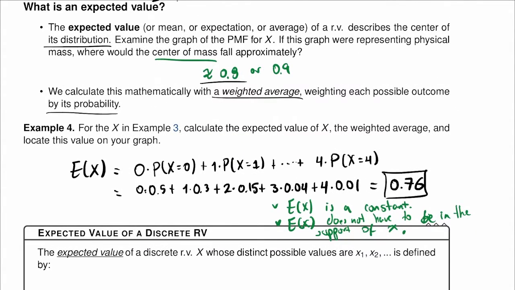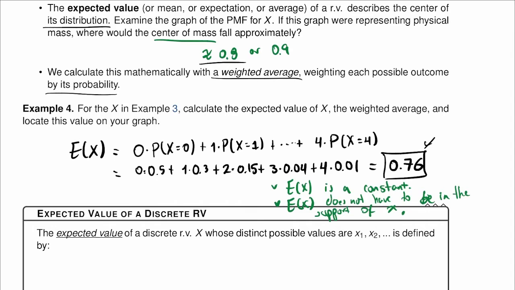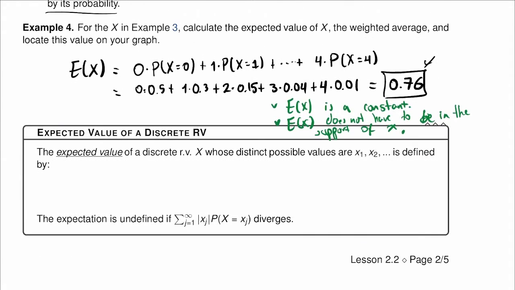And the expected value is 0.76. It's a non-integer number, but it doesn't matter. The expected value doesn't have to be in the support of X.